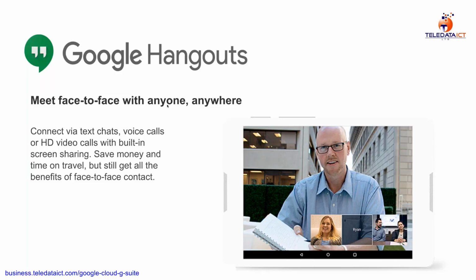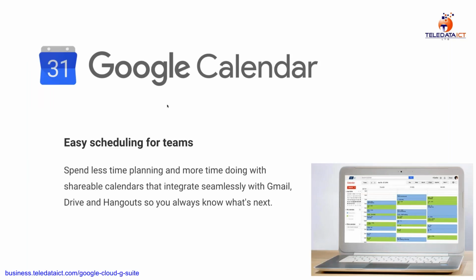All they need is a browser and an internet connection. You can have a Hangout with up to 25 people at the same time, and it's perfect for meetings, discussing projects with team members, collaborating. You can share your screen while you're on a Hangout, and everyone can see the screen that you're sharing, and they can collaborate and talk and communicate as if you were sitting face-to-face with those people.